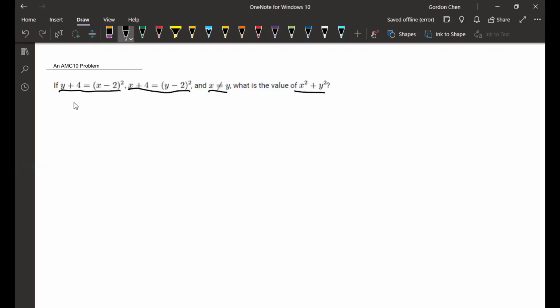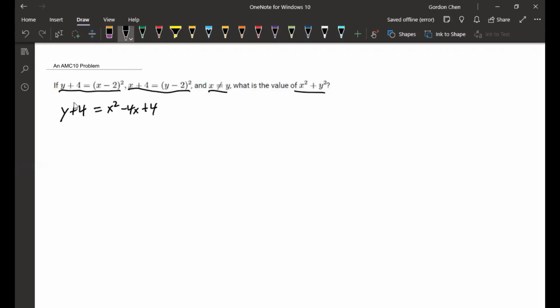Okay, so first we'll expand these two out. And so we have y plus 4 equals x squared minus 4x plus 4.